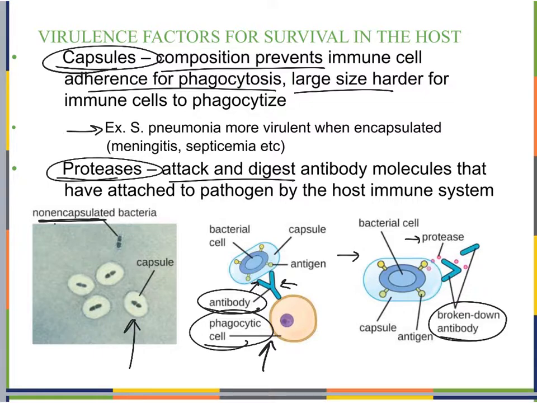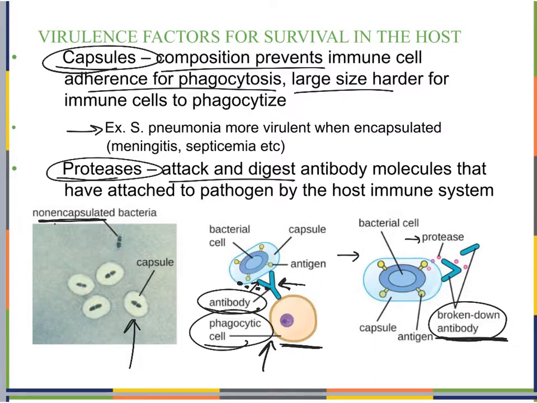We're going to talk about this more in future chapters, but there are two ways that the body is going to utilize antibodies. One, as we just noted here, is with the phagocytic cell. It's going to recognize it and then engulf it. So even if this bacteria here is making proteases, it can break down this antibody and prevent it from going around and attacking other bacteria.